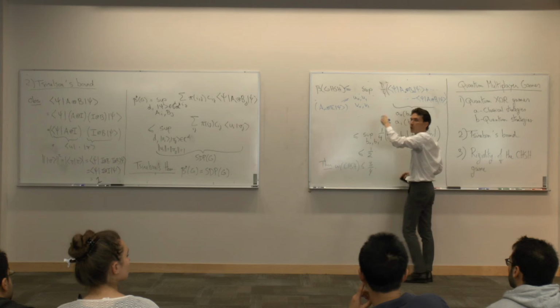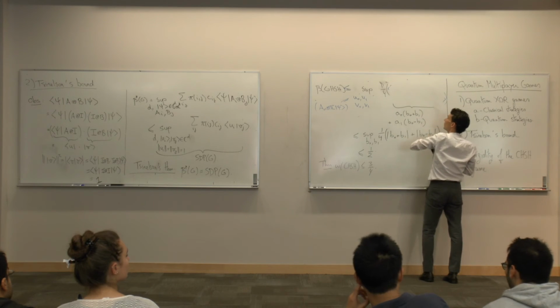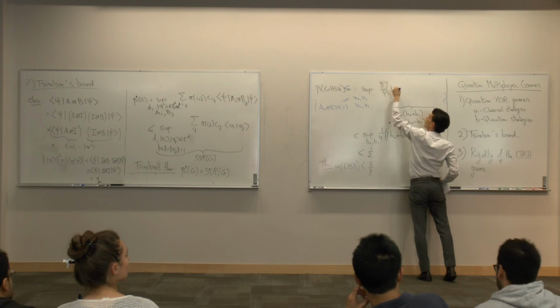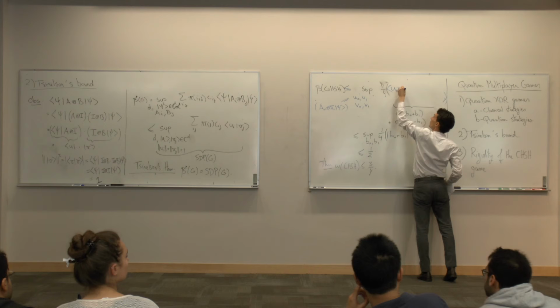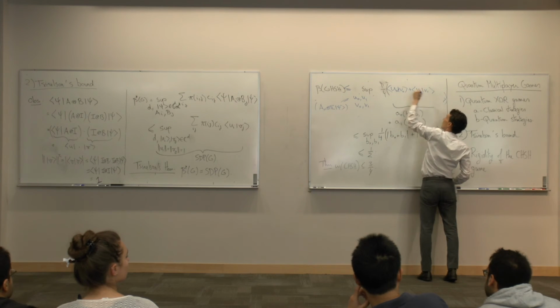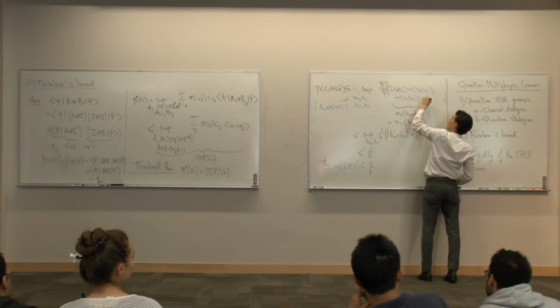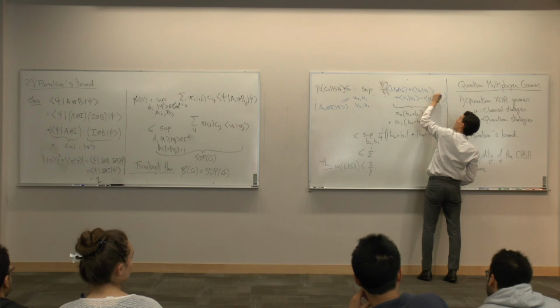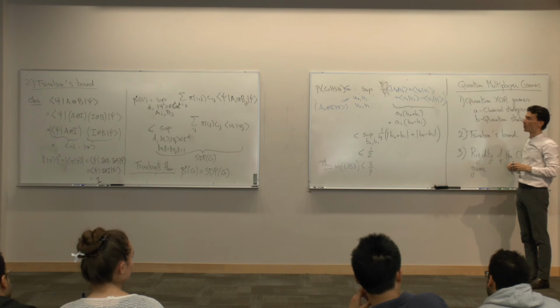I think of it in this way, but it doesn't need to be. And so the expression I get here is the inner product of U0 and V0, plus the inner product of U0 and V1, plus the inner product of U1 and V0, minus the inner product of U1 and V1. So that's the expression that we need to bound in the quantum case.